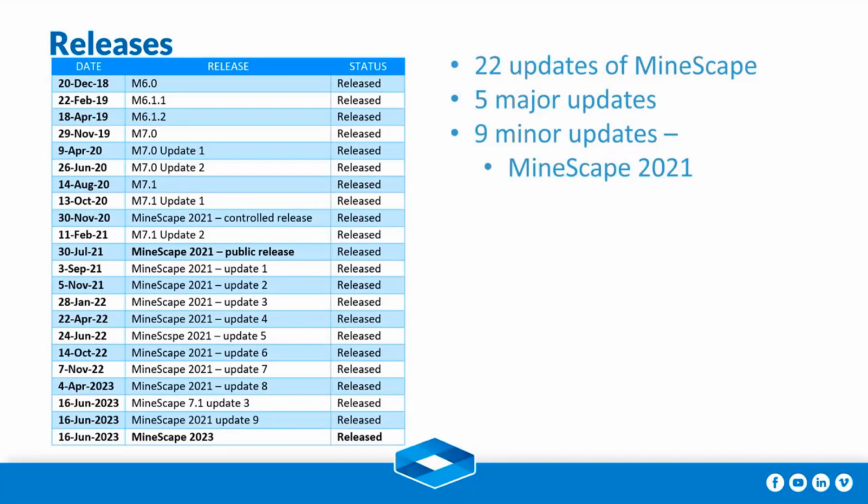We came to Datamine in July of 2019, and since then we've had 19 updates of MineScape. There have been 5 major releases and 9 minor releases just of MineScape 2021. And I hope everybody realizes that MineScape 2023 was released June 16th of this year. So we're active in our development, and we want that message to be clear to everybody.